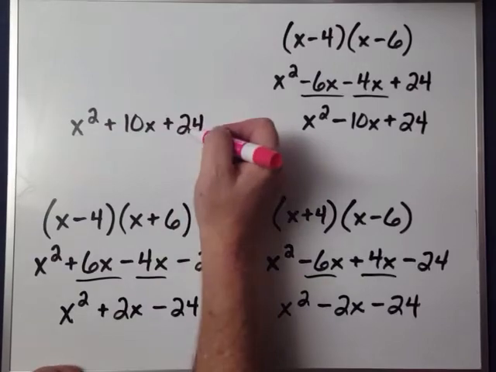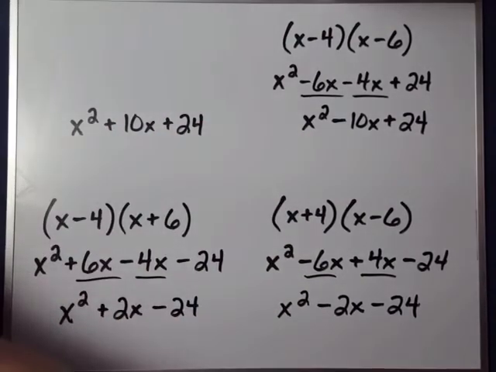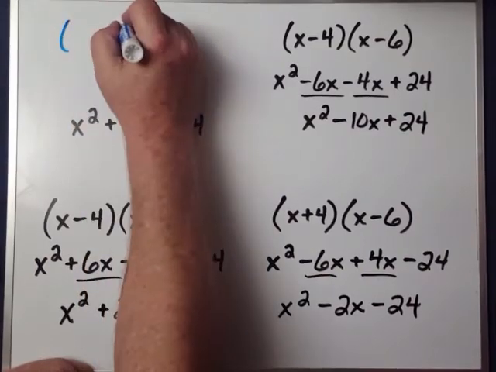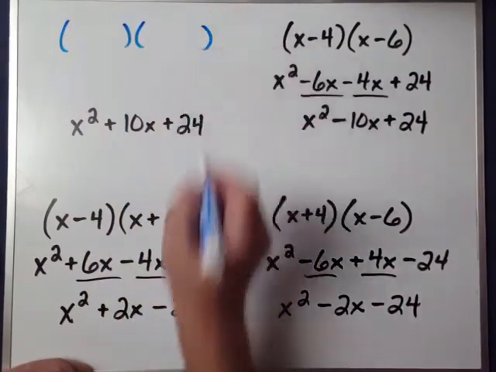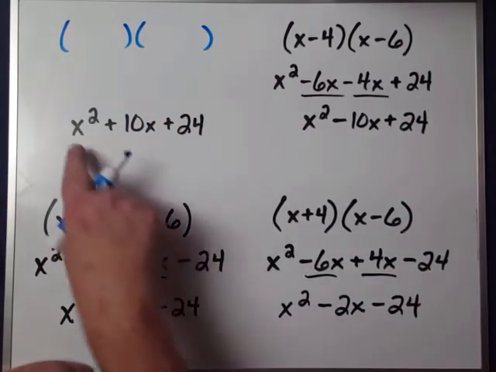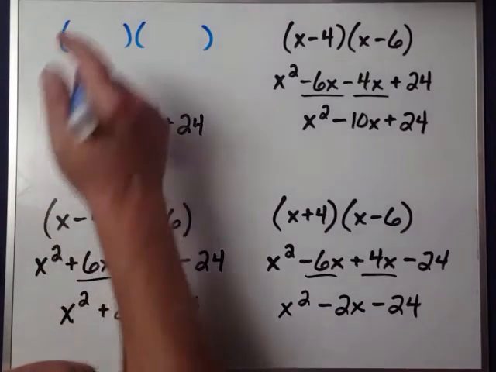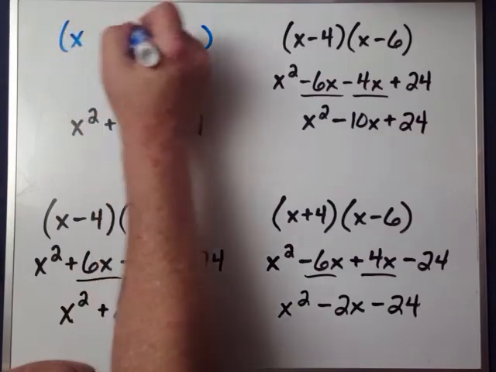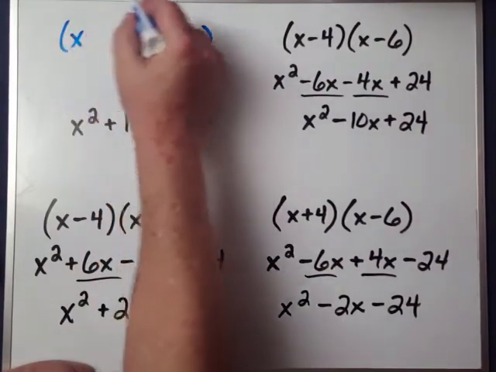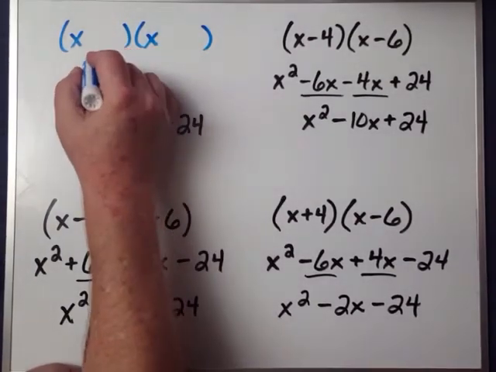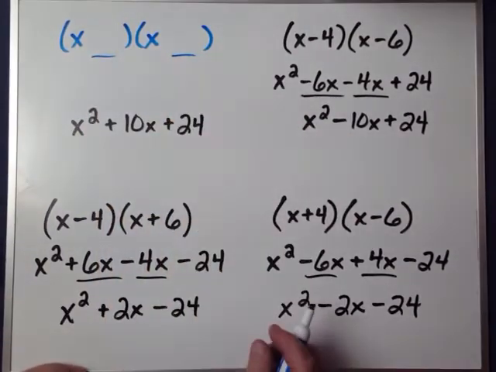So if the instructions are to factor this, well, what I know is that if it factors, it'll factor as a pair of binomials. For this trinomial to start off with an x squared, my two binomials have to start off with x's. That way, the product of the first gives me that x squared. And then I'm looking for two numbers to fill in these two blanks.